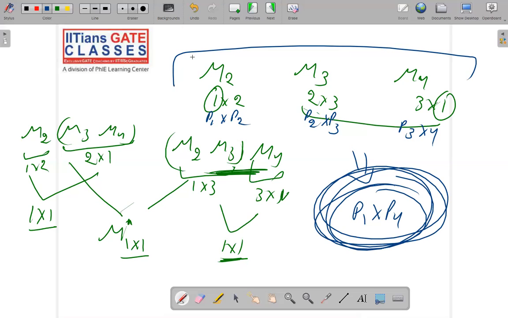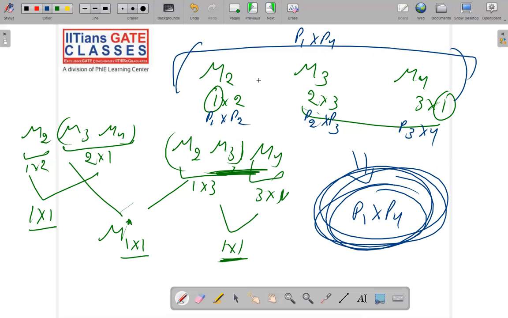I don't know right now what the best way to multiply M2, M3, and M4 is. I just know the end dimension after multiplying these three matrices in whichever way you try it: it will be P1, P4.